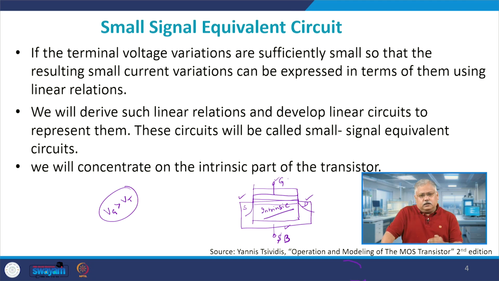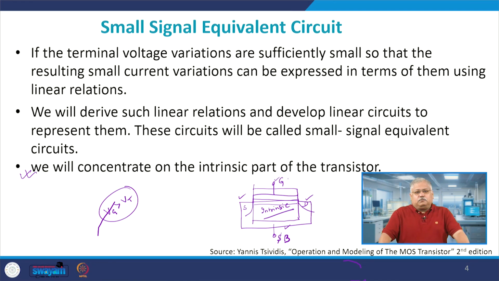All that is internal, which is intrinsic, will consist of the resistive and capacitive modeling of the intrinsic part, right. However, since this intrinsic part is responsible for the current flow, we will also look into how this part, specifically its structural parameters, influences the flow of the current. And that is the reason my last point is there, that we will be looking into the intrinsic part of the device.